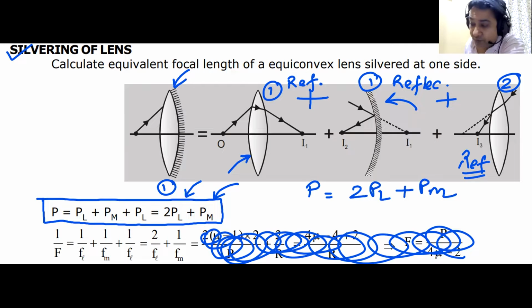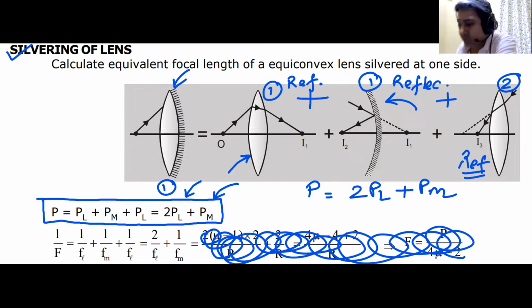As far as the formula for focal length is concerned, they have made a mistake, very small but very big mistake. Can anyone tell me what is the mistake in the formula for the focal length? I will be very happy if you can tell me that. The formula for the focal length has a mistake in the sheet. Can you point out that mistake?